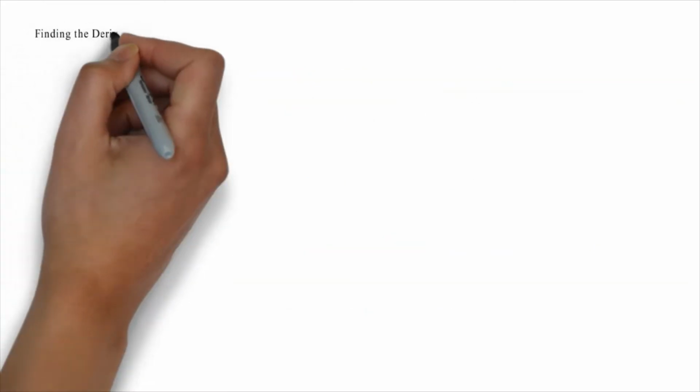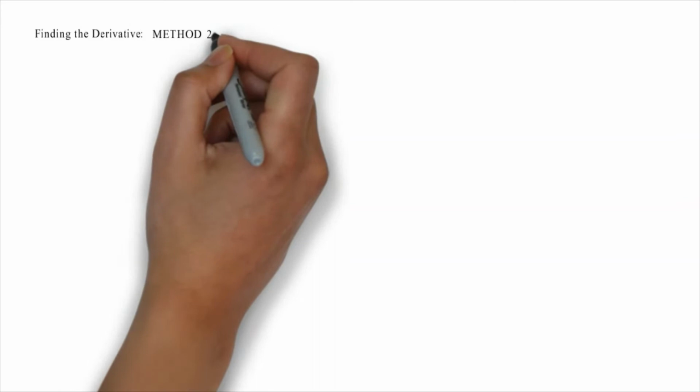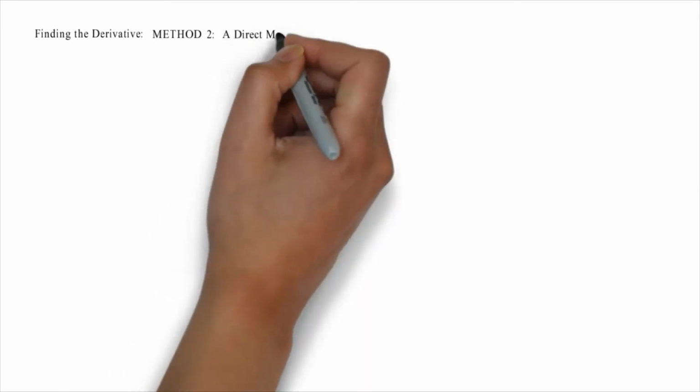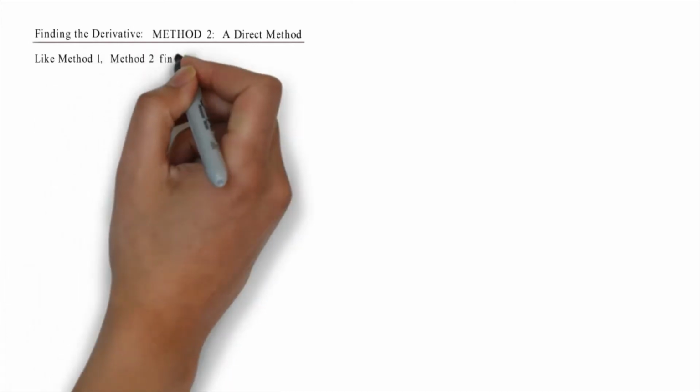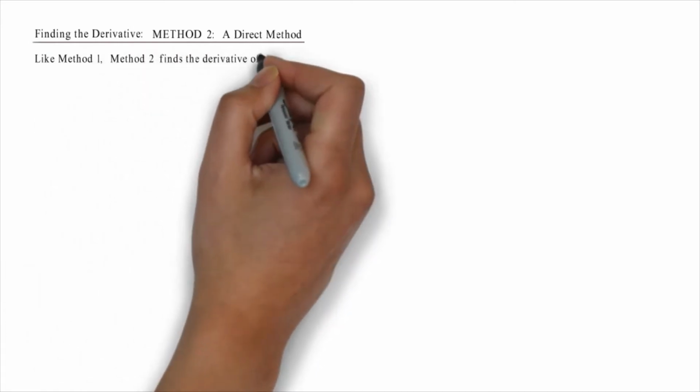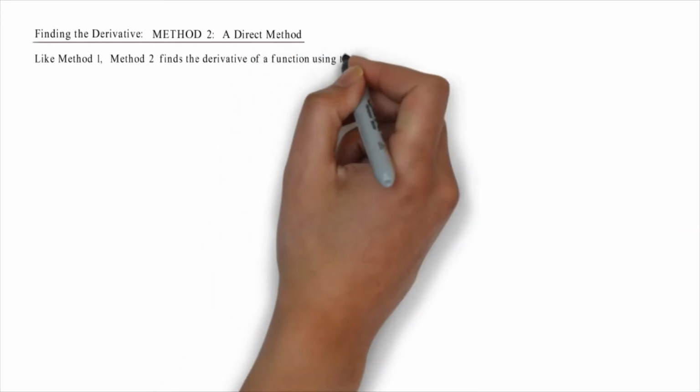Finding the derivative. Method 2. A direct method. Like method 1, method 2 finds the derivative of a function using the quotient rule.